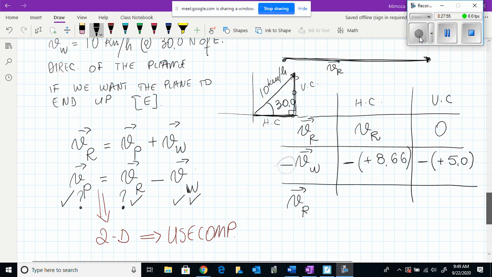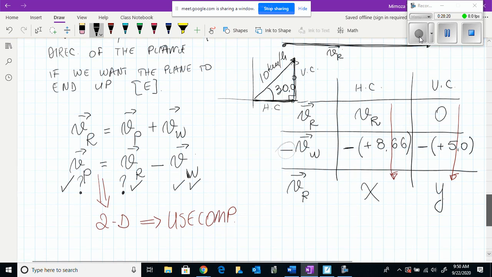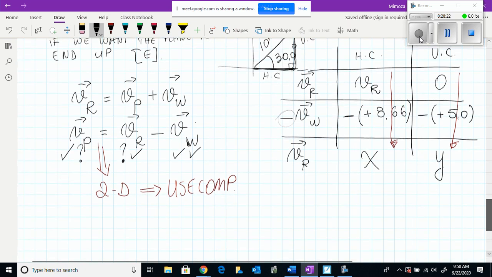Like in everything that we do when we work with vectors, we add the horizontals and we add the verticals. So the horizontal component of the velocity of the plane is unknown. We don't know, and something that we don't know, we assign a variable. And the vertical component as well, we do not know. Okay?